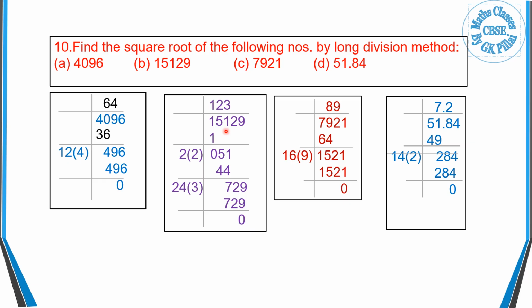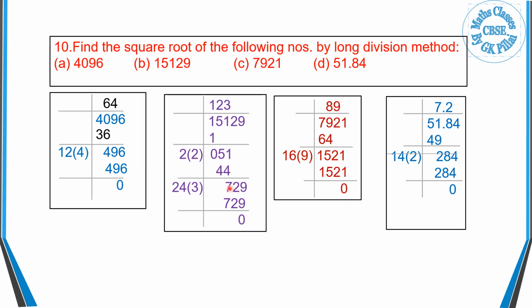Another one, here there are 5 digits. Then you have to separate this 1, then 5 1 separate and 2 9 separate. 1 ones are 1. I write here 1, here also I write 1. Subtract, I get 0. Now you bring 2 terms down, 51. Multiply this 1 by 2 and write here, and put any number here and multiply the whole thing by this 2. 22 multiplied by 2, 44, and this should be definitely less than 51 and closer to 51.